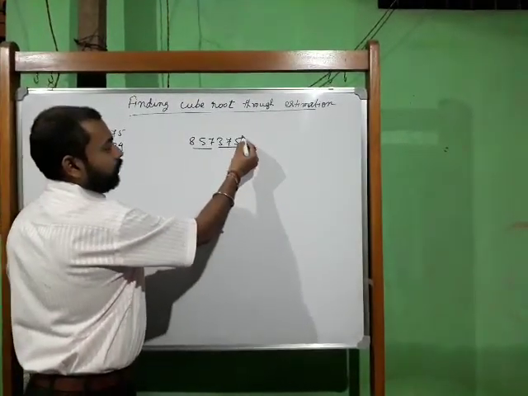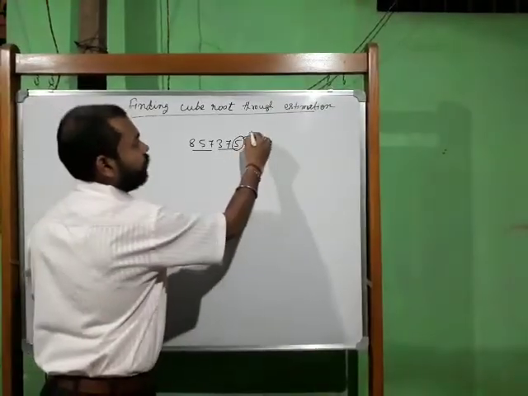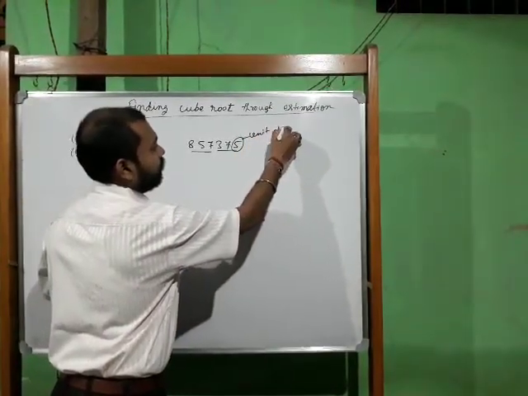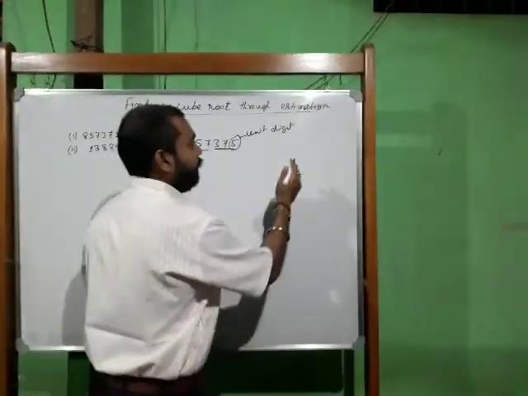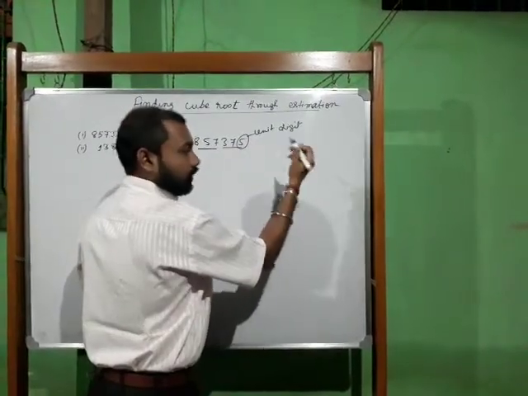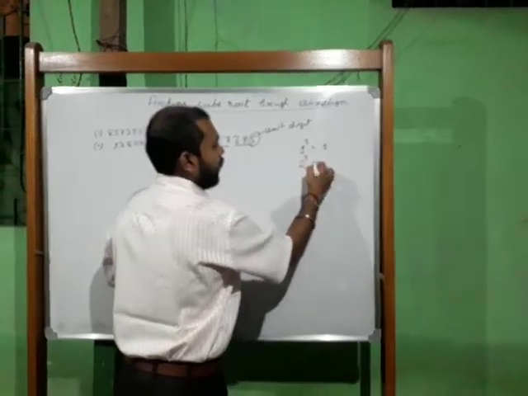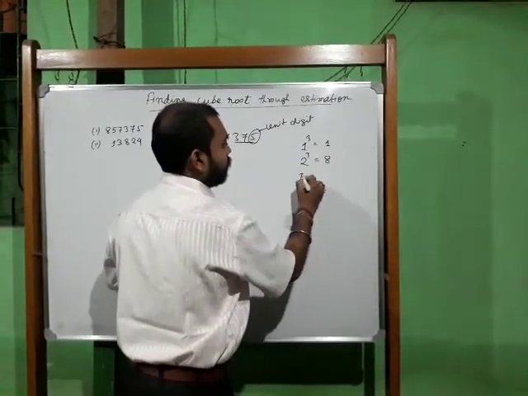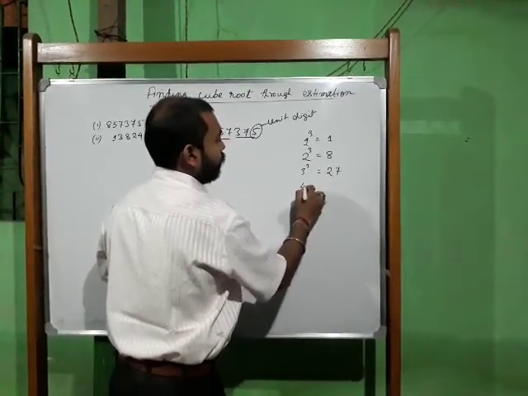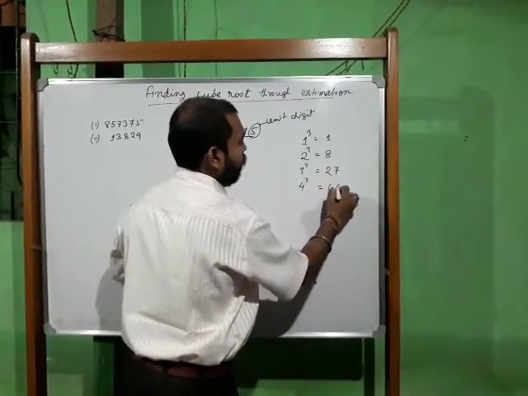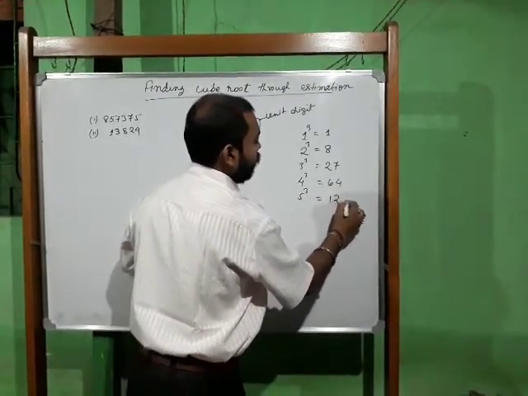In 375, the unit digit is 5. Again, I am repeating, this is the unit digit. The unit digit is 5. Now if you recall the table, 1 cube is 1, 2 cube is 8, 3 cube is 27, 4 cube is 64, 5 cube is 125.